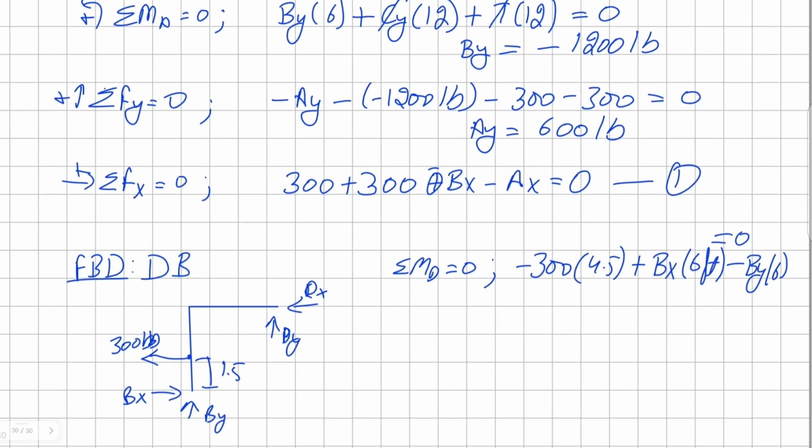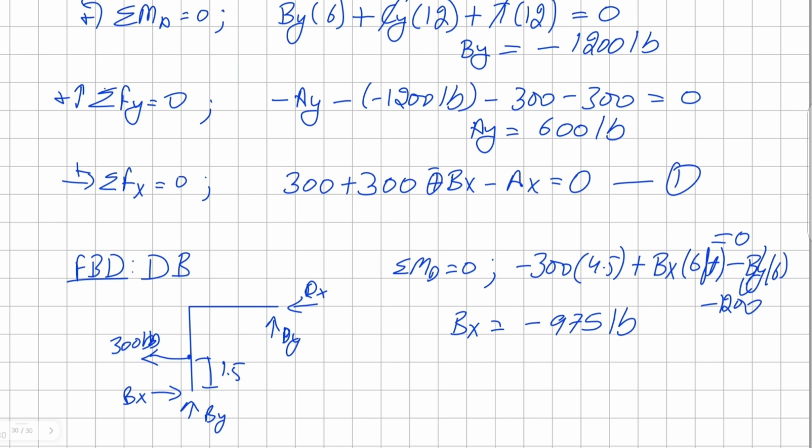We already have the value of By, and it's negative 1200. Therefore, this would become positive. And solving for Bx, we get negative 975 pounds as our solution for Bx.